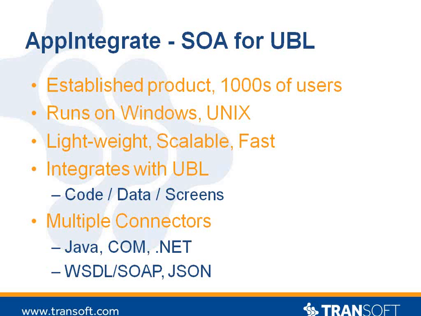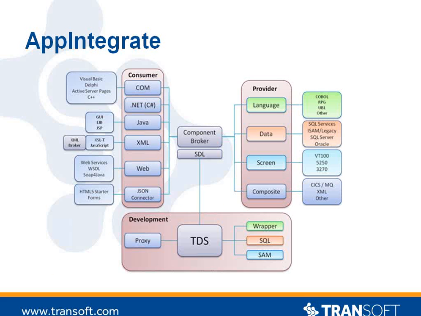The one we're interested in today is the JSON connector. JSON stands for JavaScript Object Notation. It easily and efficiently enables us to communicate between AppIntegrated and JavaScript on the browser. I will show some more of that shortly.